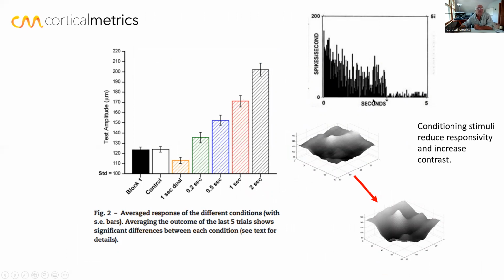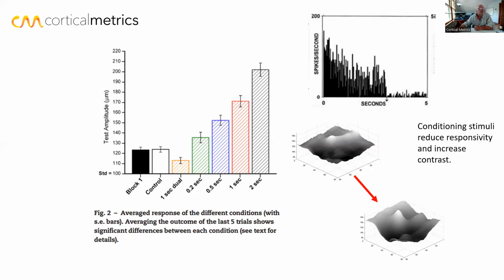If you deliver the same stimulus to the skin over and over and over, which is essentially what single site adaptation is, and measure the response, in spikes per second, which has to do with the mean firing rate of neurons in the brain, you see this trend down. So you keep giving the same stimulus over and over, and these neurons become less responsive. However, think about it this way: the brain is getting bored. You give it the same stimulus over and over and over, it gets more and more bored.